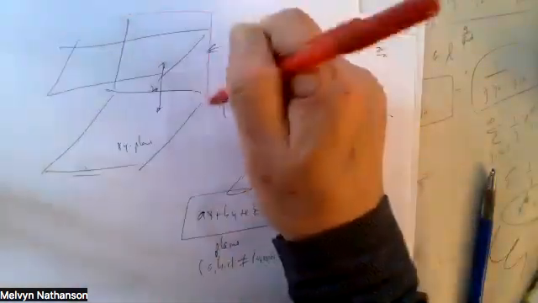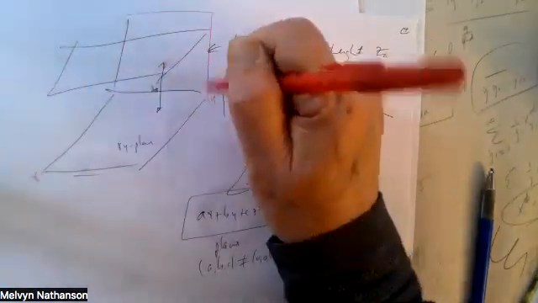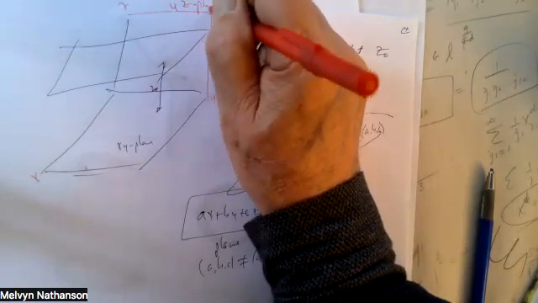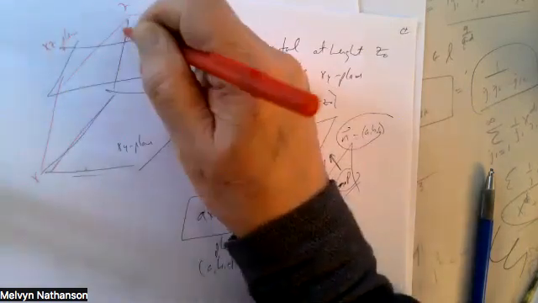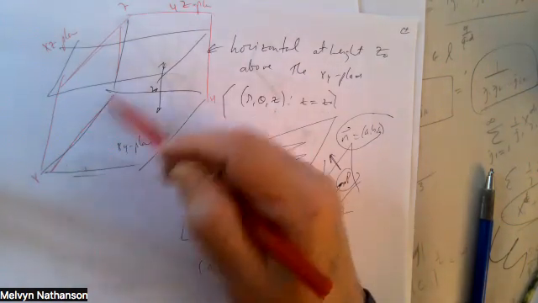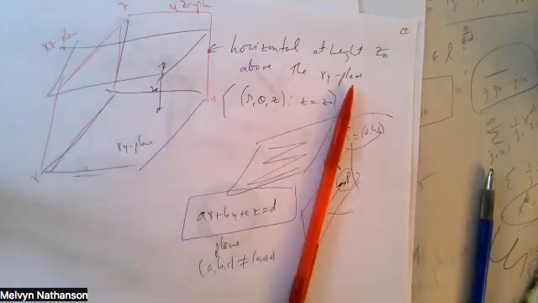This is X, this is Y, this is Z. This is the XY plane, this is the YZ plane, this is the XZ plane. Those are the coordinate planes because they come from the coordinate axes. But any plane going at any angle is a plane.